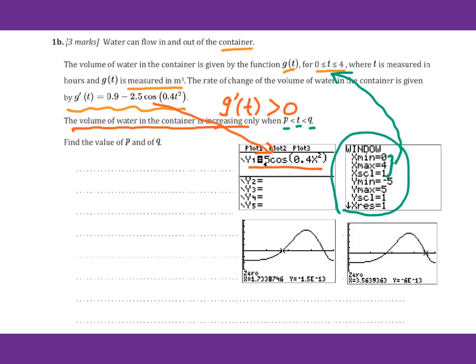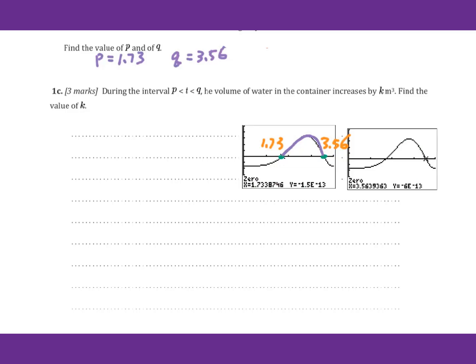Then you sketch the graph, get these two zeros. This point is 1.73. This point is 3.56. Greater than 0, that means this part of the line. Therefore, we got p equals 1.73 and q equals 3.56.